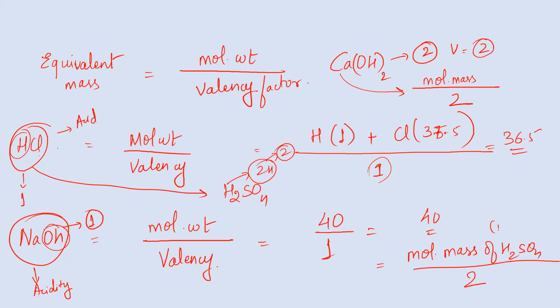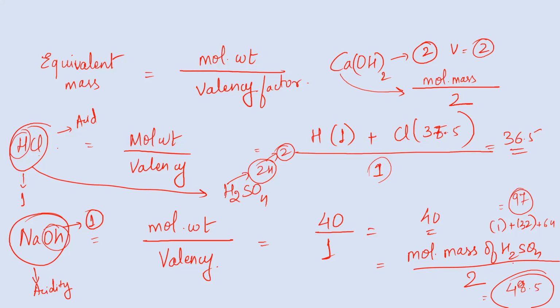Here it is 2 plus 32 plus 16 fours are 64. So probably it will be 98, if I'm not wrong. So 98 divided by 2 gives 49. This is going to be the equivalent mass of sulfuric acid.